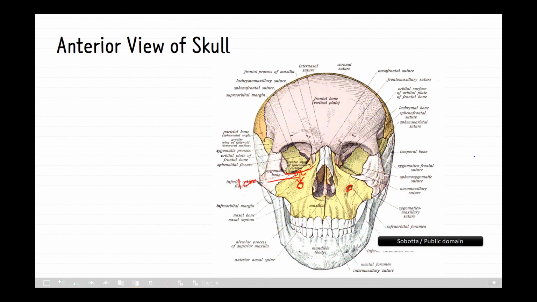The maxillary alveolar process bears the upper teeth. Corresponding to the roots of these teeth are rounded elevations of the surface with intervening depressions. We call these the alveolar juga. This is the alveolar juga.